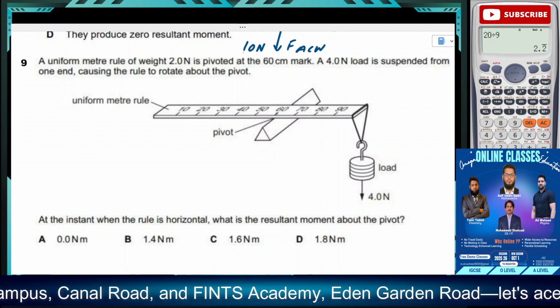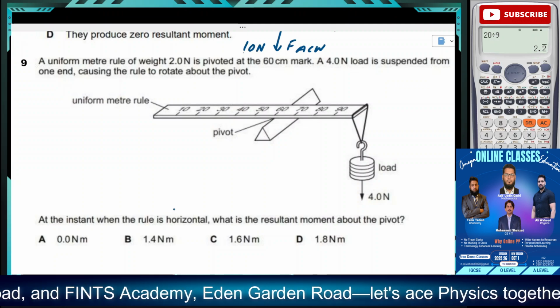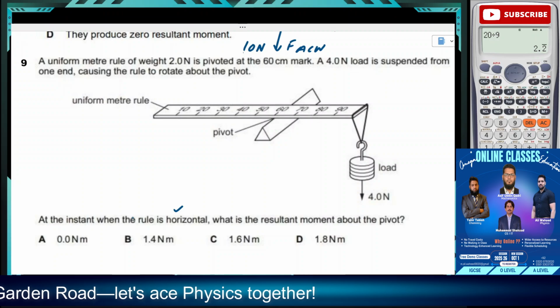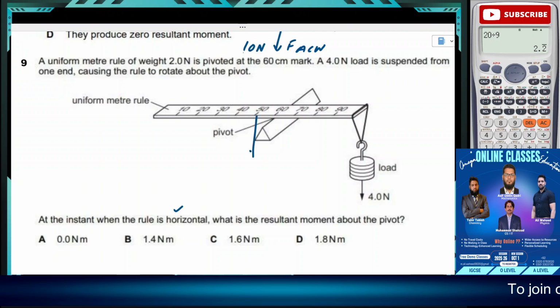So the pivot is given as 60 mark. Just the instant when the rule is horizontal, just the instant. What is the resultant moment about the pivot? So it's a uniform beam, weight would be exactly in the middle at 50 mark, and that is 2 Newton.